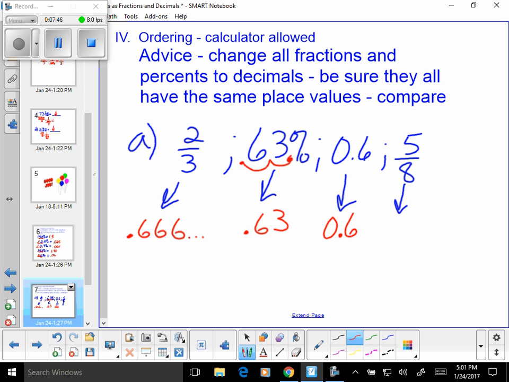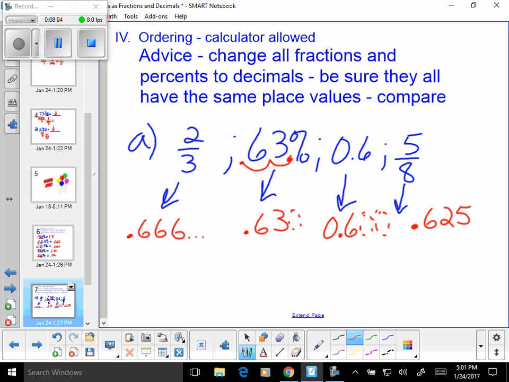But what I'm going to do, since I have 3 6's, I'm going to add a 0 here, and I'm going to add 2 zeros here. Now I'm going to take 5/8, that's 0.625. Now I have everything worked out to 3 places.